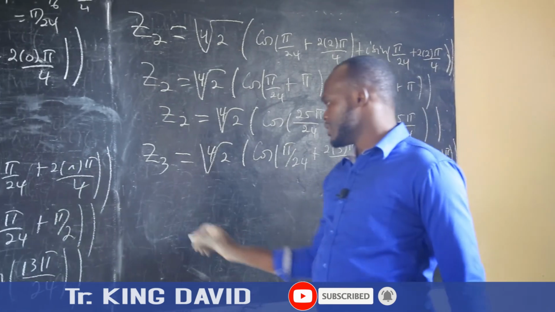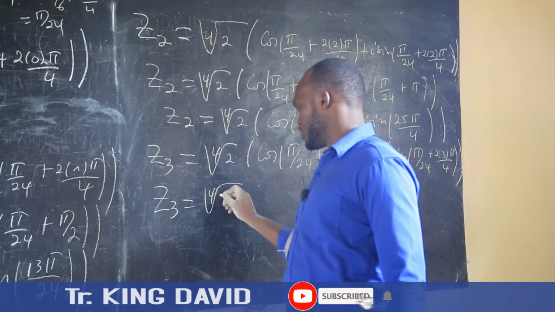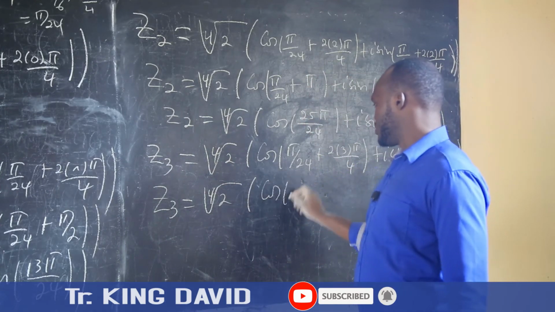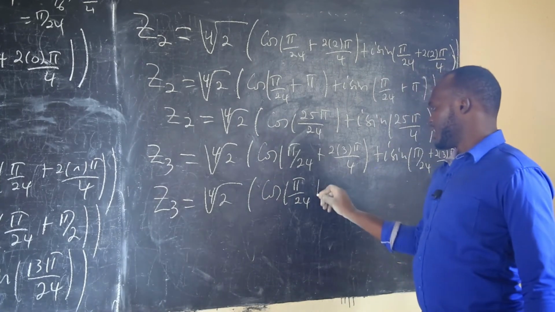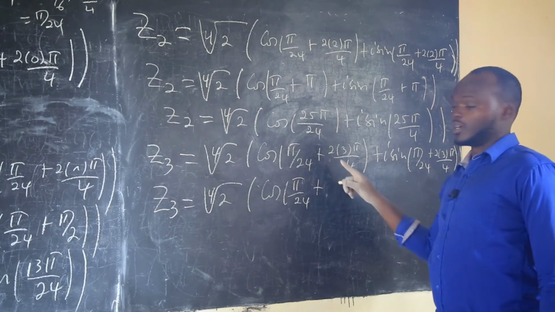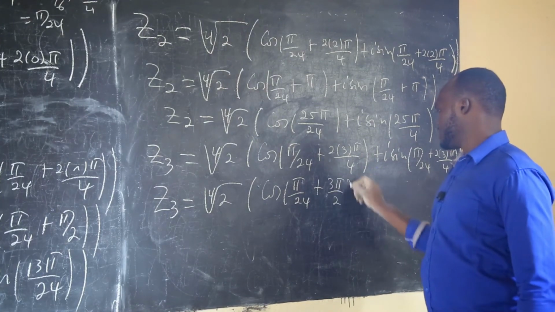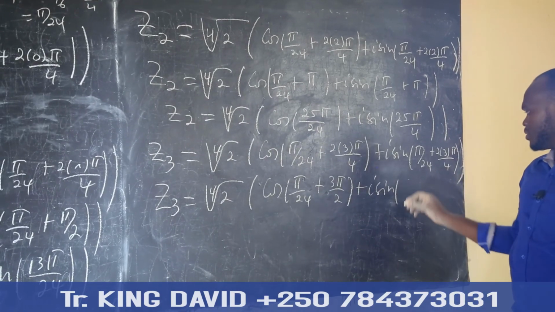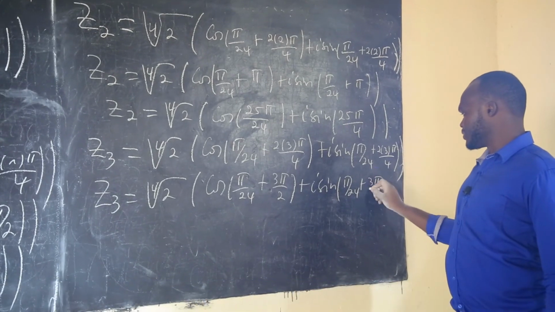So z3 is the fourth root of 2 into bracket cos pi over 24 plus 3 pi over 2, plus I sine pi over 24 plus 3 pi over 2.